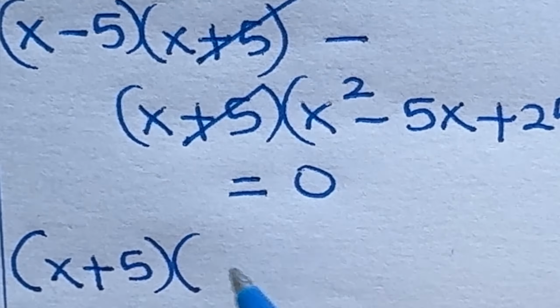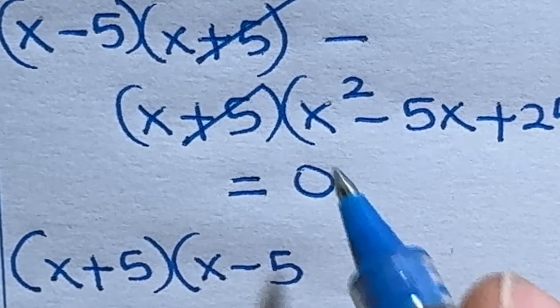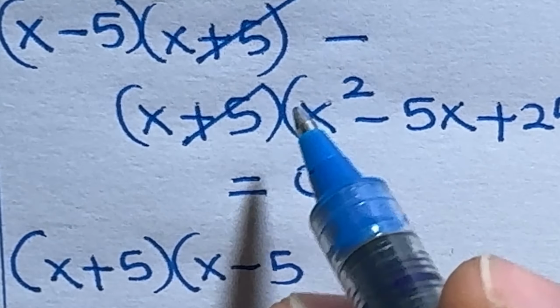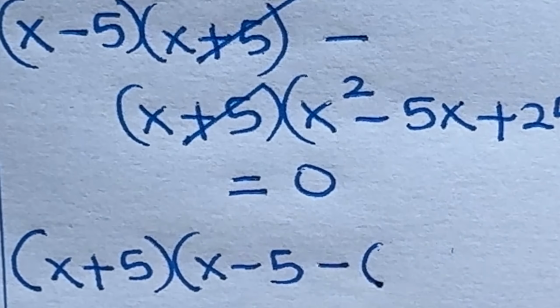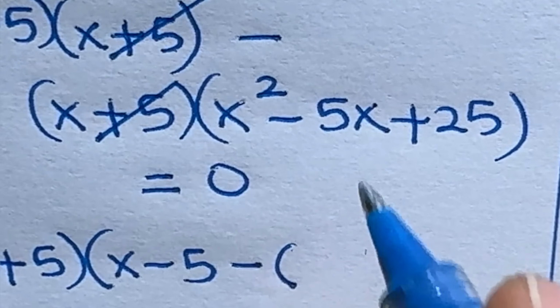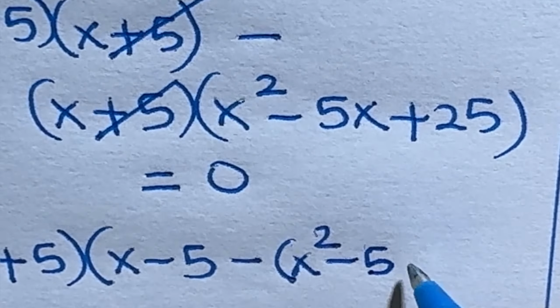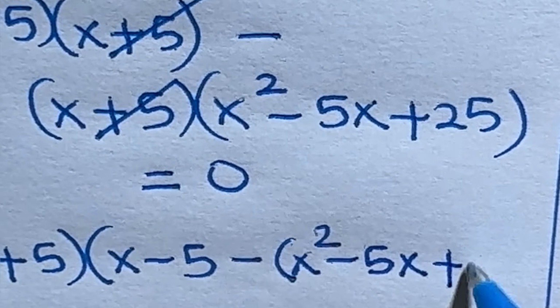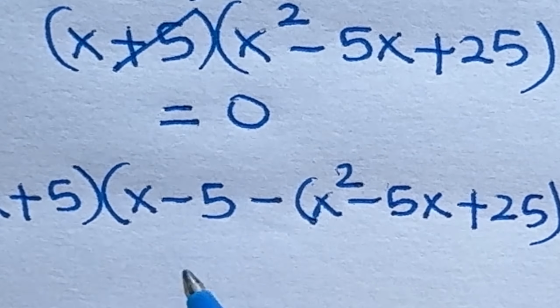What's left here is x minus 5. Then what's left here will be, this is minus, don't forget the brackets, then x squared minus 5x plus 25, and the result is equal to 0.